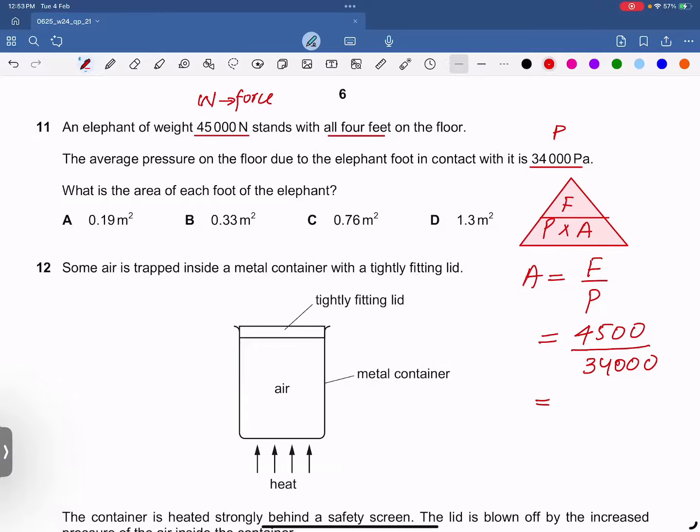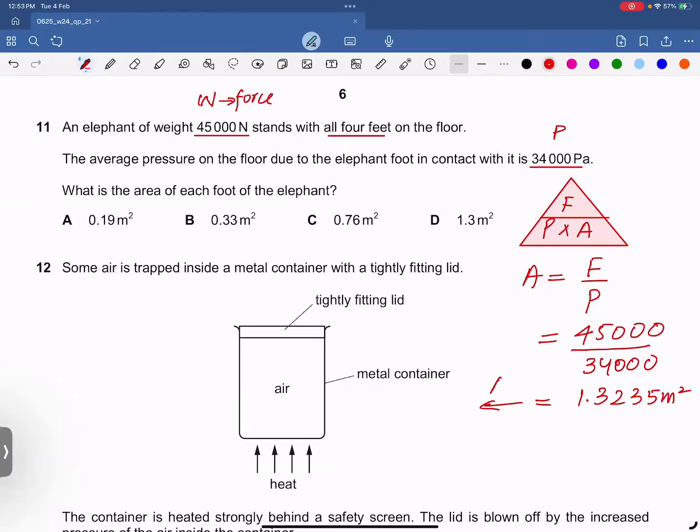Sorry, the pressure is force over area, so area is force, 45,000. The calculation gave me 1.3235 meter square.